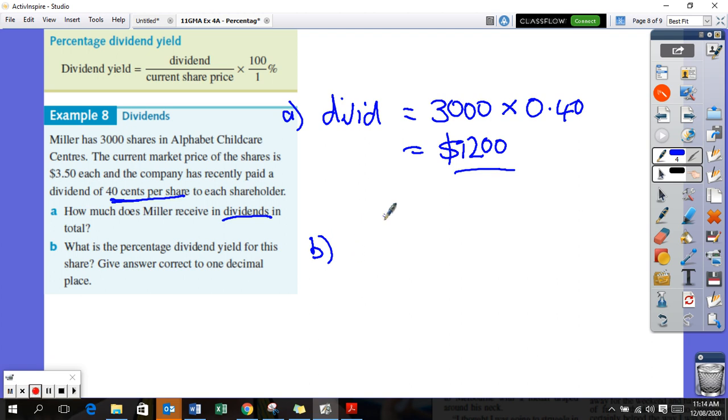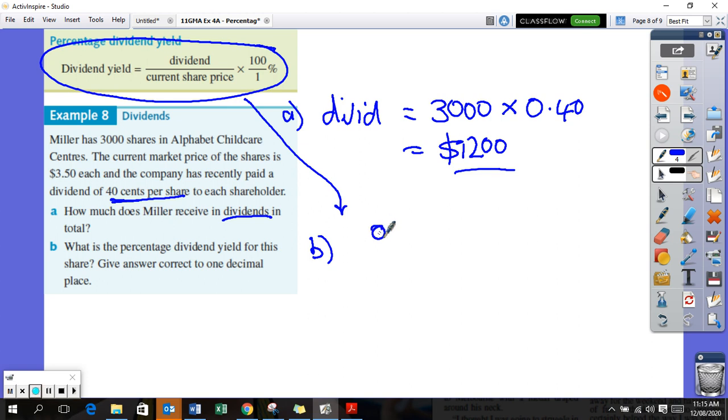So his percentage dividend yield for this share is going to be the dividend. So we're using this formula down here. So the dividend is going to be 0.40 divided by the current share price, which is $3.50, and they change by the moment, times 100 over 1, and we're going to get an 11.4% dividend yield.